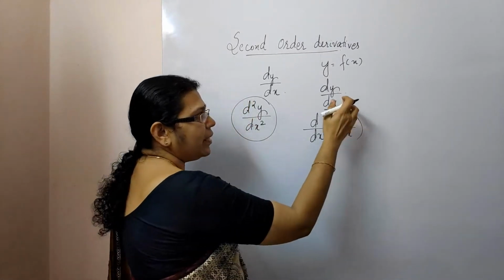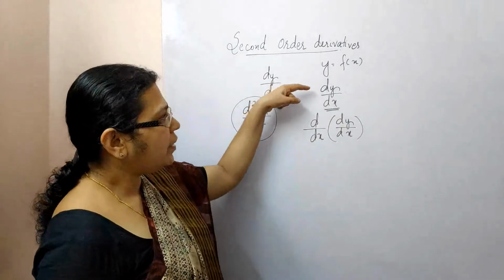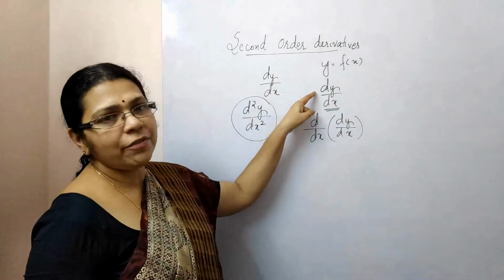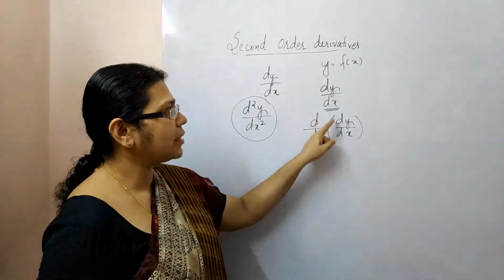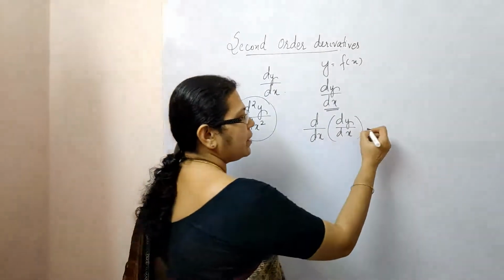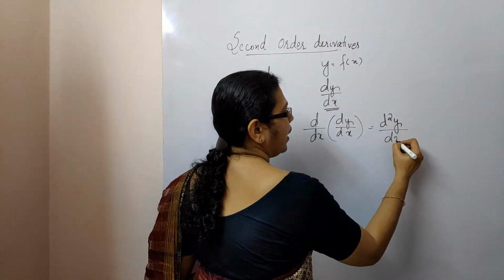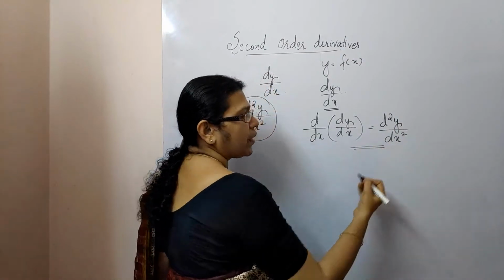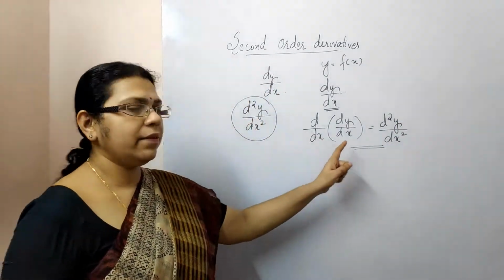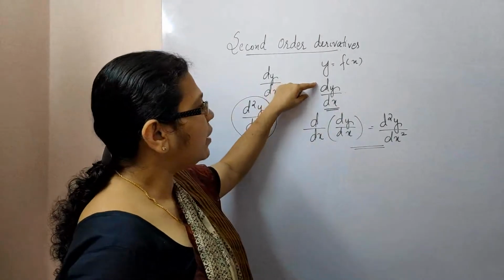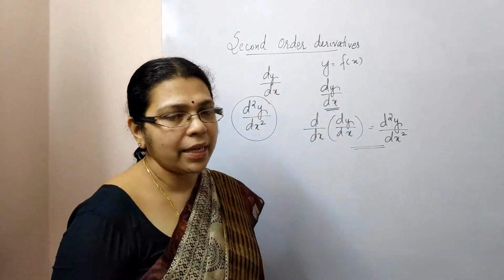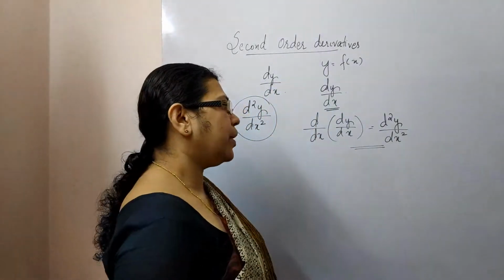Okay, dy by dx is the first derivative. Again, you are finding the derivative of the first derivative, that is d by dx of dy by dx. This is equal to d square y by dx square. Okay, this is how the derivative comes.